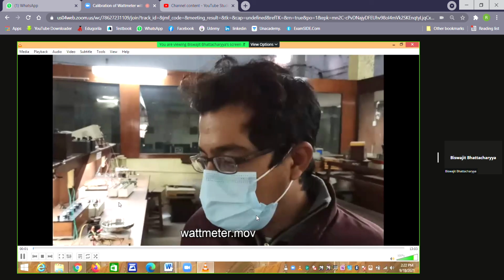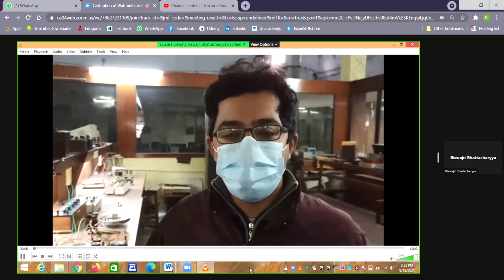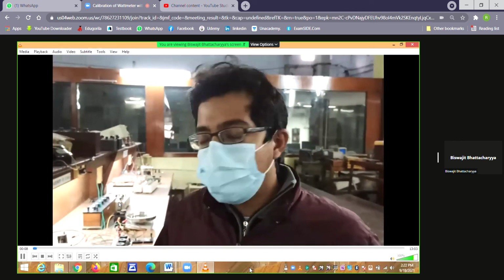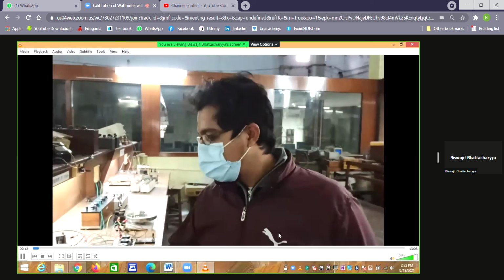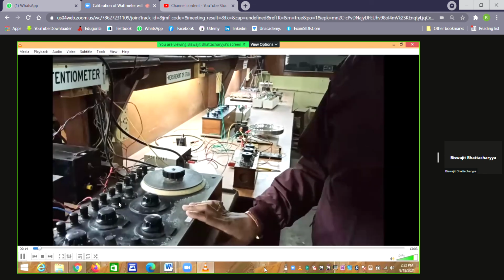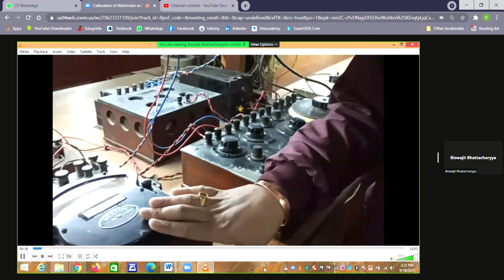So here is our experiment, calibration of wattmeter, the dynamometer type wattmeter. Here is the DC potentiometer used to calibrate this wattmeter.